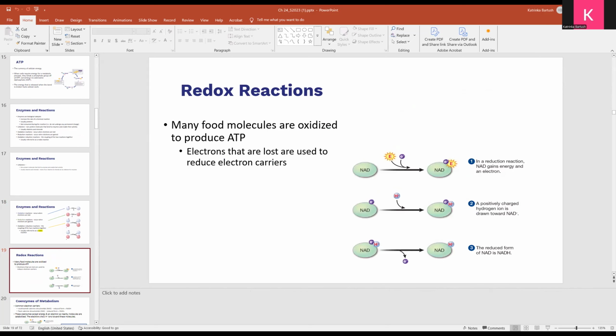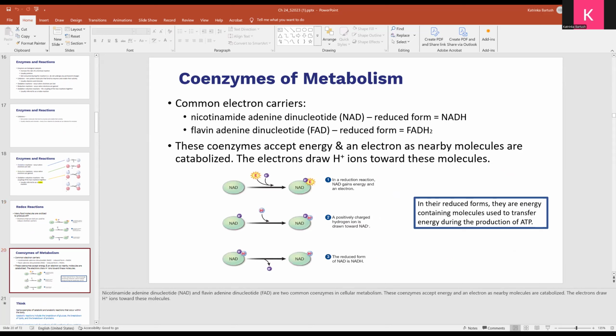Many food molecules are oxidized in order for us to get ATP, and then the electrons that are lost are used to reduce what are called electron carriers. So the electron is given up and it has to go somewhere, and it goes to another molecule that can handle it and move the electron where we need it to go.